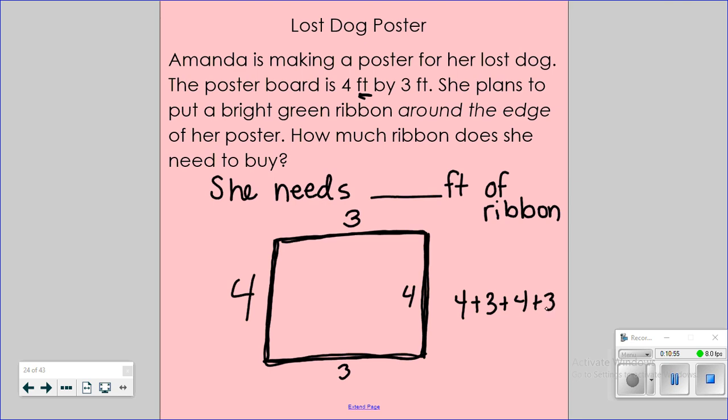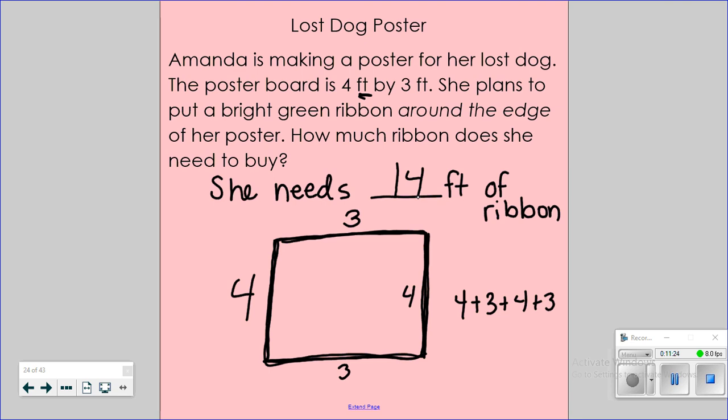That equation should look very familiar to you, and it's the same. So that should be very quick for you to find the perimeter. How many feet of ribbon does she need to buy? Annabella? 14. 14 feet of ribbon.